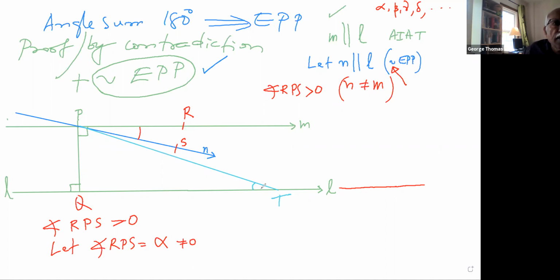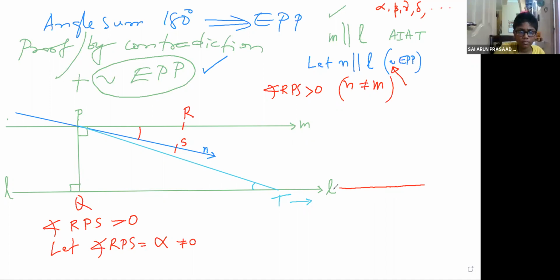Is it going to increase or decrease? If T moves to the right, what will happen to this angle? Will it become smaller or bigger? If T moves this way, this angle will get smaller and smaller, right, Sai Charan? Sai? Yes, sir. This will become smaller.